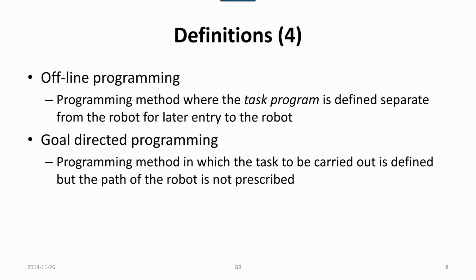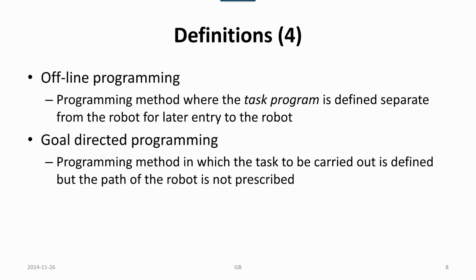And goal-directed programming is a programming method in which the task to be carried out is defined, but the path of the robot is not prescribed, meaning that different actions are defined by placing, for example, work pieces, objects, or defining that certain actions should be done, like grabbing something from a machine tool, but not the exact path.